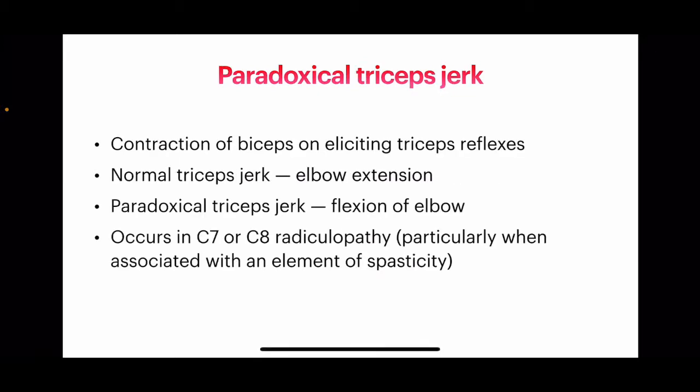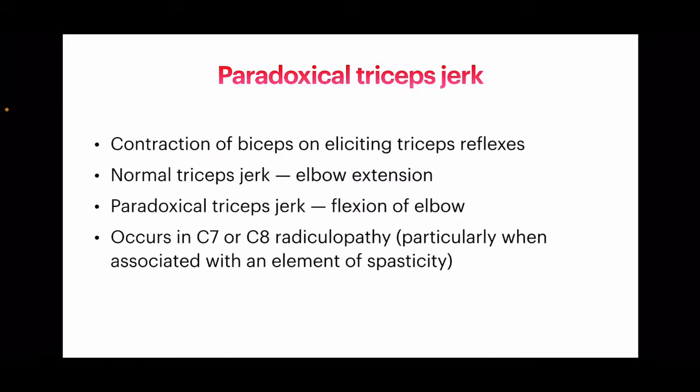Now paradoxical triceps. What happens to triceps when you are hitting on the triceps? You are expected to get extension of the elbow, right? That is the normal thing. But in paradoxical triceps jerk, what happens is flexion of the elbow. So exact opposite. Where it happens is C7 or C8 radiculopathy, particularly when it is associated with a certain element of spasticity.